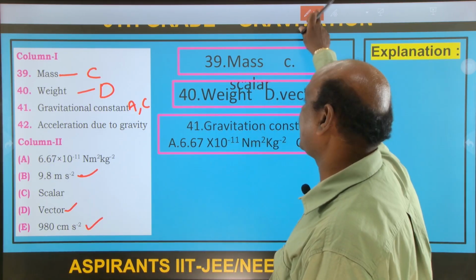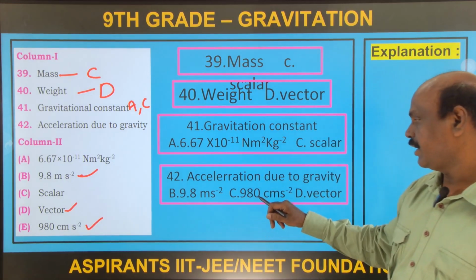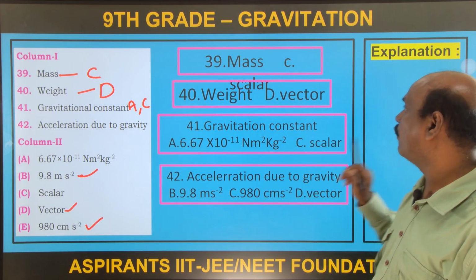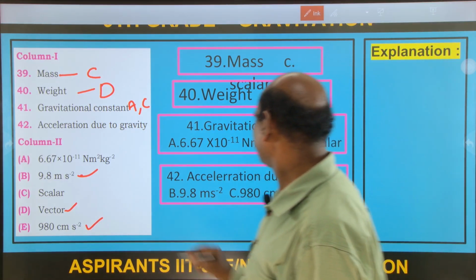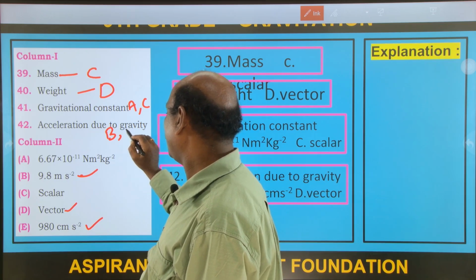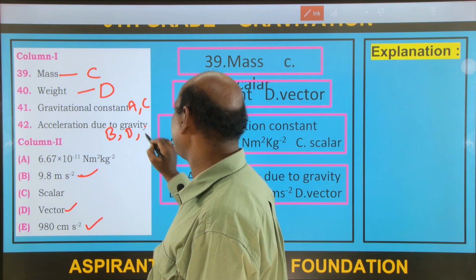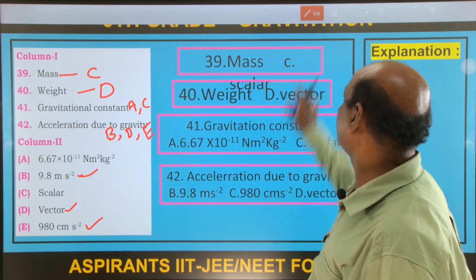So for this you can take the considerable options 9.8, 980, and it is a vector. So what are the options we can consider here? B, D as well as E. So these are the options for this. Next, let us go for the next match.